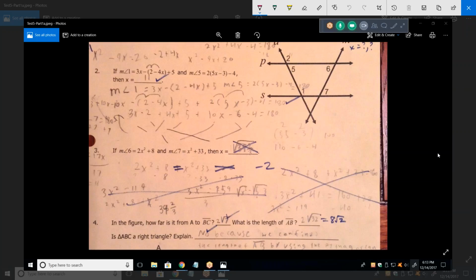All right, so if angle 6 is this, and angle 7 is this, what's the relationship between 6 and 7? Are they equal or no? Let's talk about parallel lines and transversals for a moment. In other words, we have two parallel lines and a transversal, right? I think I want to explain this a little bit more fully.